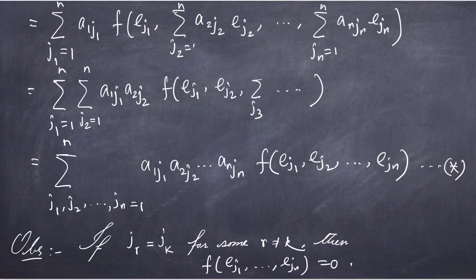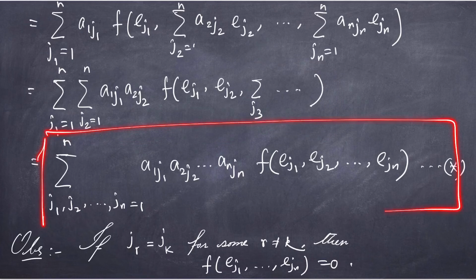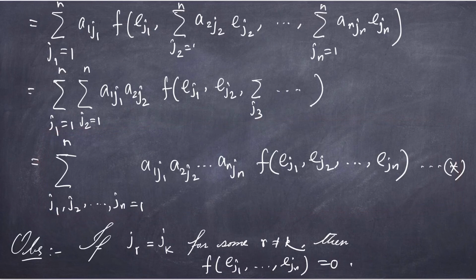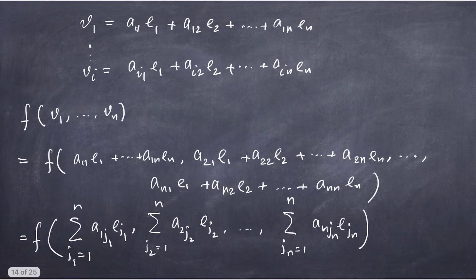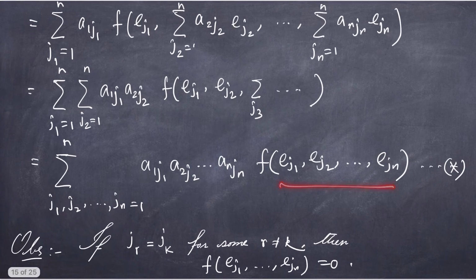Now since from n-linearity f is linear in the second component, that forces this further split. Then we go on and on, and finally we arrive at this place. So from the n-linearity property of f, we see that f of (v1, v2, ..., vn) must be this.